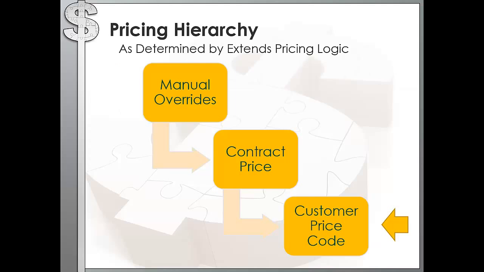Now, in the event that we don't find a contract price associated with this item for this customer, we move on down the line to the next step in our hierarchy, which is looking for a customer pricing code. The way the customer pricing code works is that a value is set in the customer master, and then it is matched with a value that is associated with an item in the item pricing file.